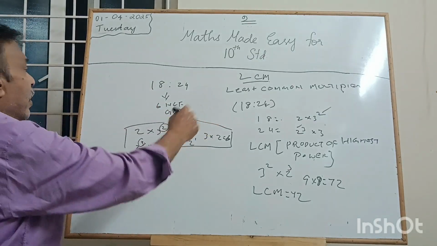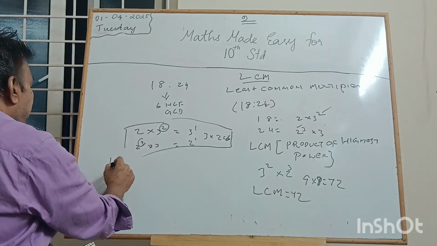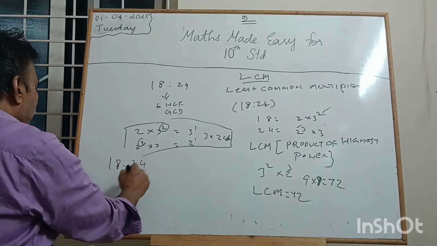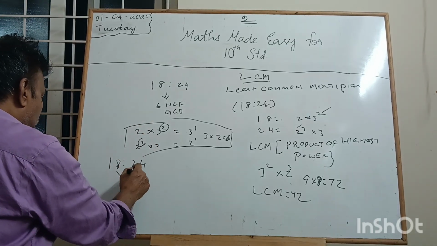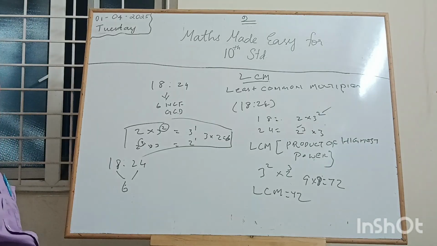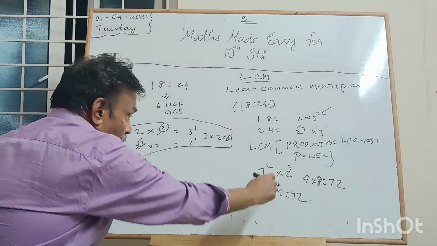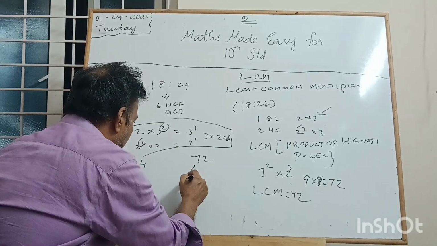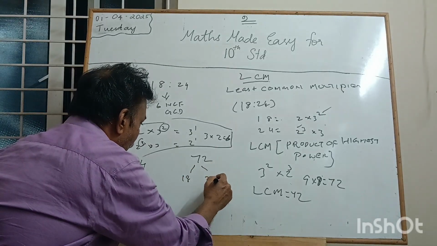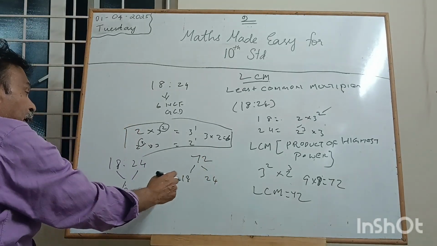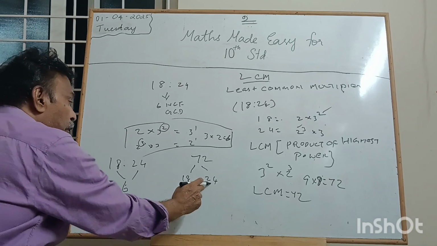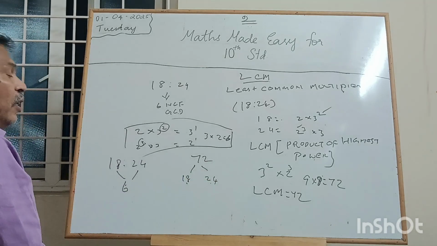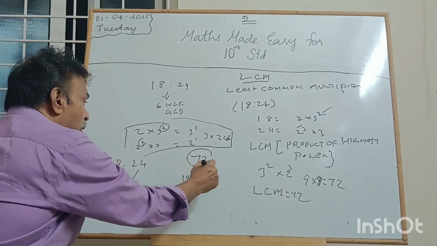If you take 18 and 24, this 6 divides these numbers. In the case of 72, 72 is divided by 18 and 24 and you get the result.